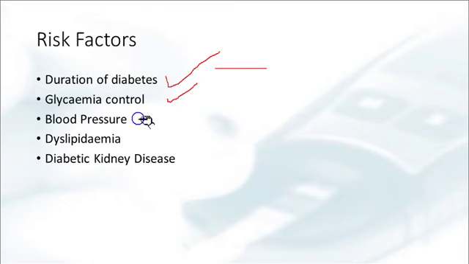If your blood pressure is too high, you are more likely to have diabetic eye disease. If you have dyslipidemia, you are more likely to have diabetic eye disease. And if you have diabetic kidney disease, you're also more likely to have diabetic eye disease, because they're all related. It probably means that your blood sugar is not well controlled or was not well controlled for a significant period of time.